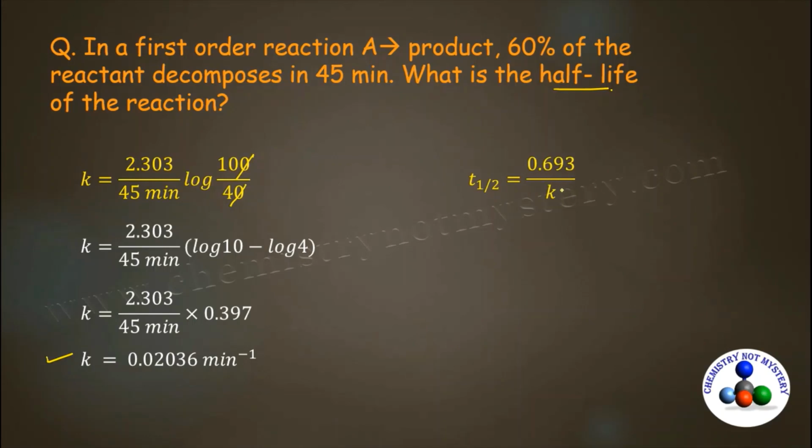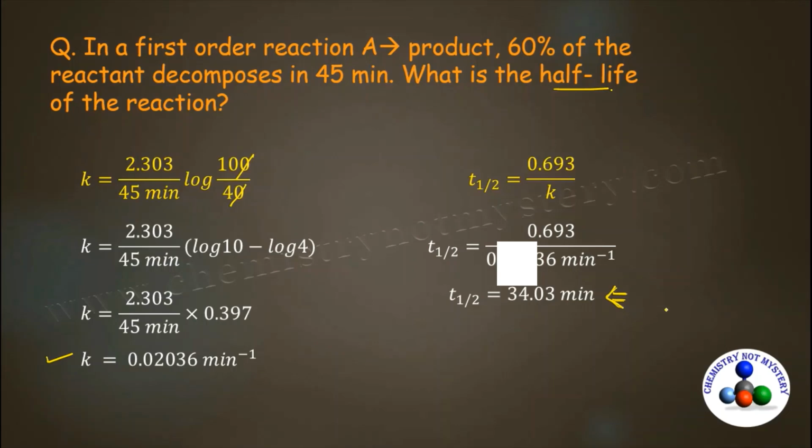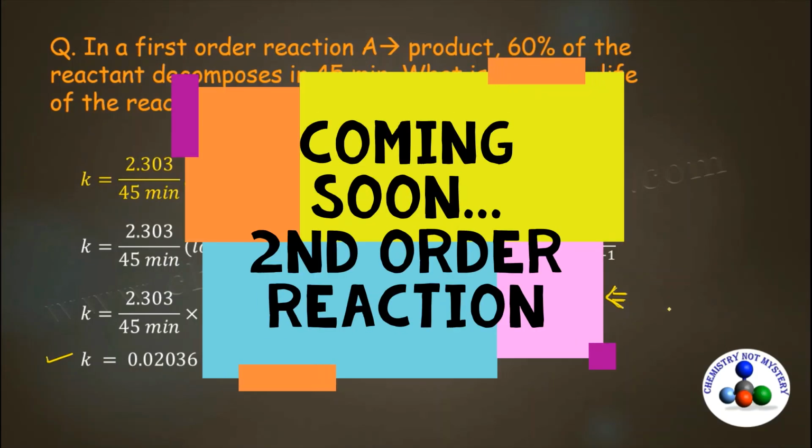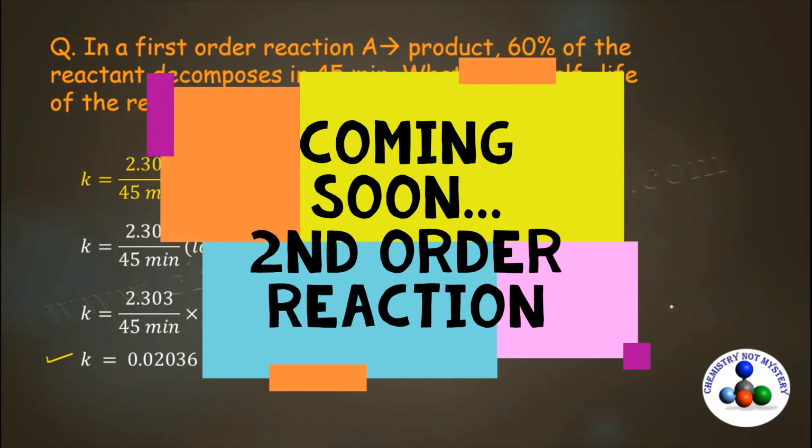Here you just have to place the value of rate constant, so that you will get t half is equal to 0.693 over 0.02036 per minute. On solving the equation, you will get t half is equal to 34.03 minutes. And this is the answer of your question. I hope now you understand everything about first order reaction. In the next video, we are going to discuss second order reaction.